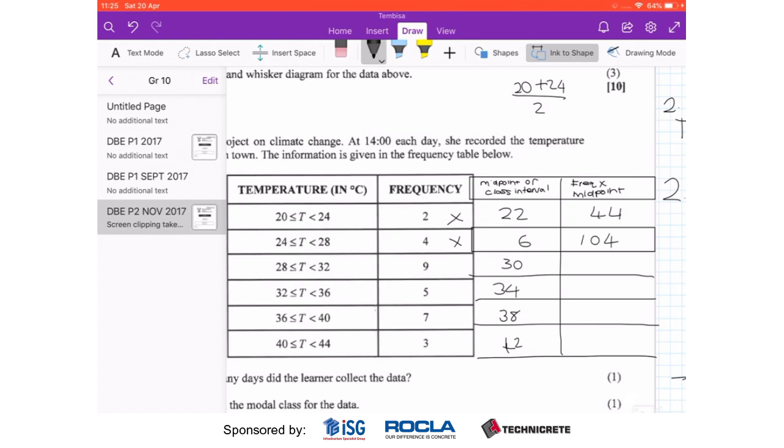I don't know why I'm writing 24. 9 times 30 is 270. 34 times 5, 170. This is 26. That's why it's looking wrong. 26 times 4 is 104. 38 times 7, 266. And 3 times 42 is 126.